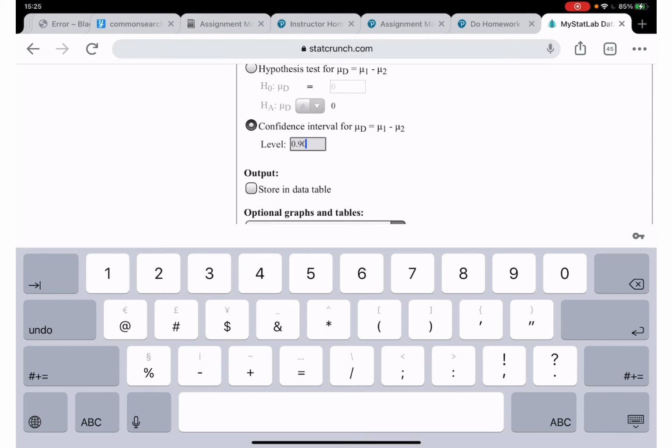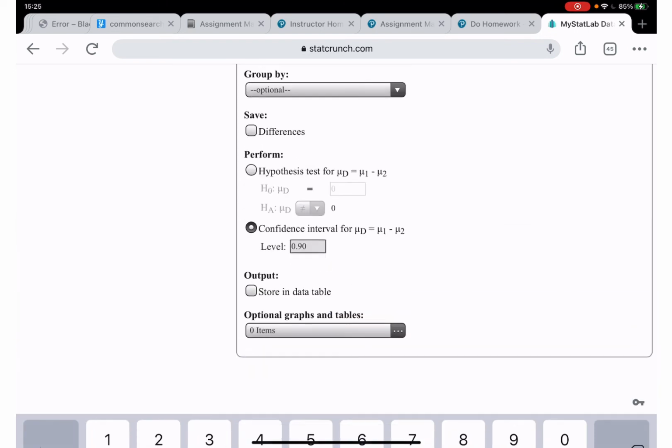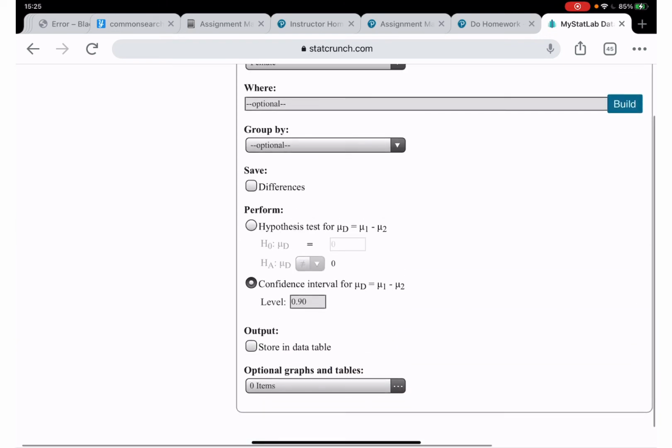And that is going to be our confidence interval. We can't include the tail in our confidence interval. That's why we cut both tails, which is going to be 10% if one is 5%.